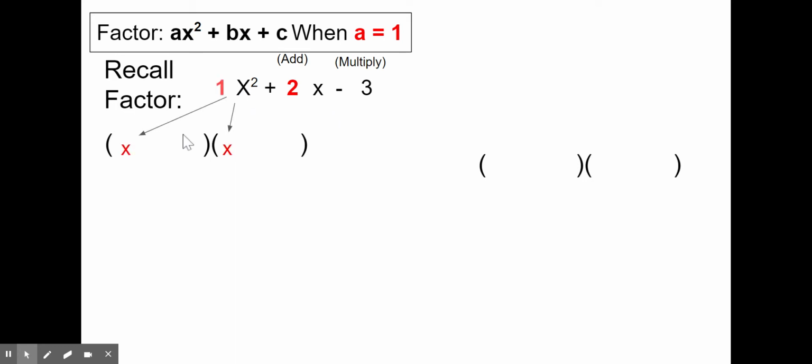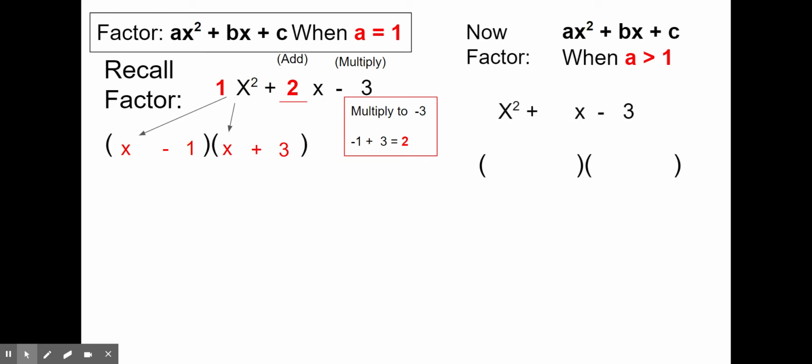First, we split the x squared into x and x. That was relatively simple because the lead coefficient was 1. Now, your two factors of negative 3 that add to 2 were negative 1 and 3. You place them in any order in the two binomials, and there you have your answer, x minus 1 times x plus 3. Easy, right?